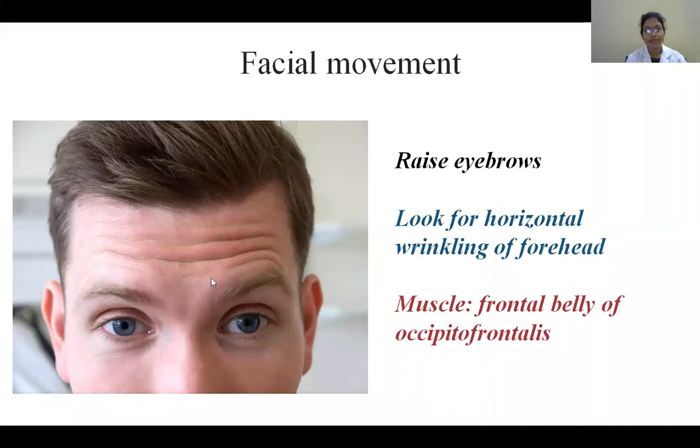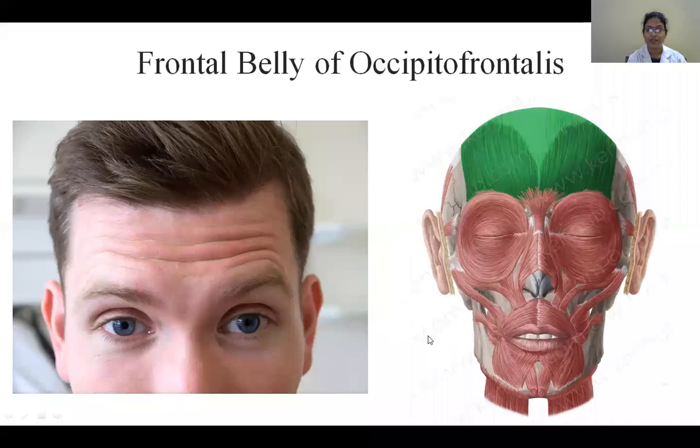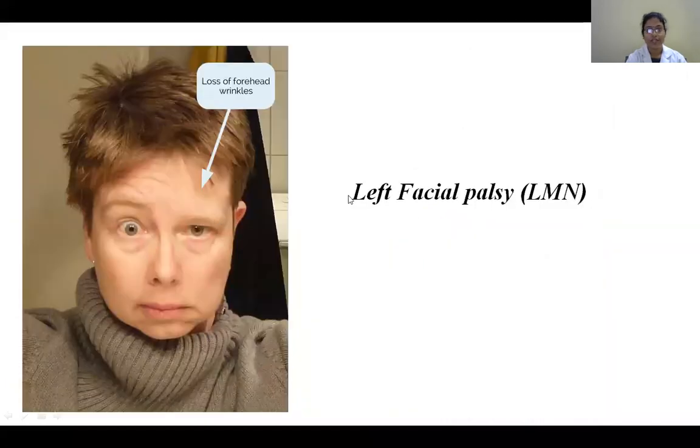So when you ask the person to raise his eyebrows, you are assessing the frontal belly of occipitofrontalis. This is the muscle, the frontal belly of occipitofrontalis. If there is palsy of one side, what you see in this patient is loss of these horizontal wrinkles on the forehead. If this is absent, it means the facial nerve on this side is involved.